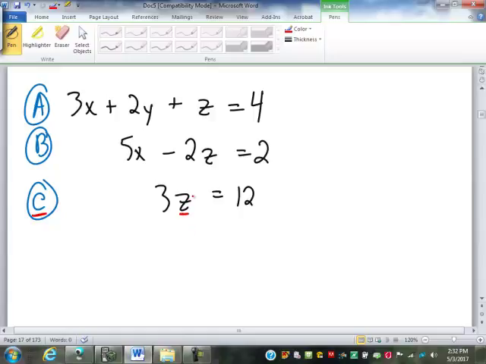Just because we have a 3-variable system of equations doesn't mean that every equation has to have all 3 variables in it.